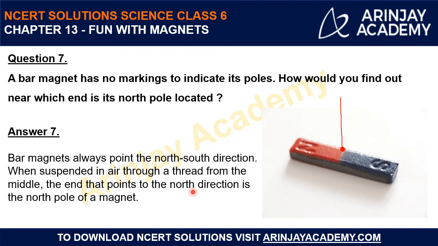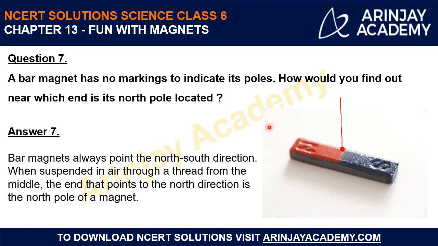So now आपको पता होना चाहिए that where is the north and where is the south as in the directions. So आपको पता होना चाहिए that in which direction around you have the north and south. So अब आप क्या करोगे, you will allow this magnet to freely rotate. So जो end इस magnet का north direction के along point करेगा, so that will be the north pole of the magnet.